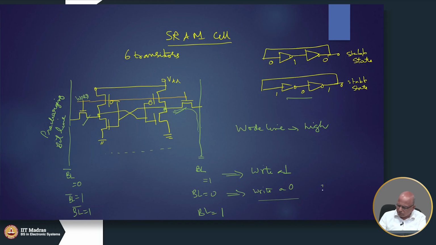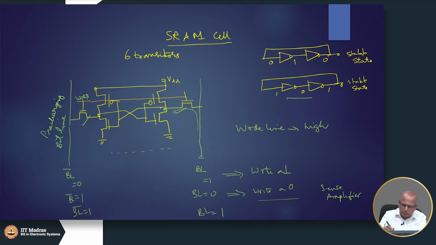and that can be sensed using what is called a sense amplifier. So, there is what is called a sense amplifier to which this BL and BL bar will be connected, and that will recognize the small drop in the potential, and using it, it will figure out whether the cell has a 1 or a 0.